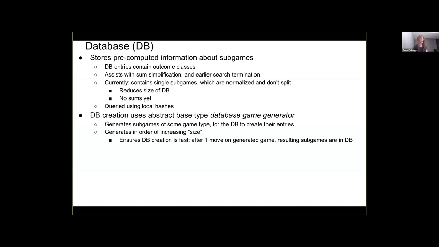So it will be quick to find its outcome class. The design of these database generators is reusable and modular, so you might not have to write code from scratch for this. Sometimes it takes like 5 minutes to add a new game to the database.